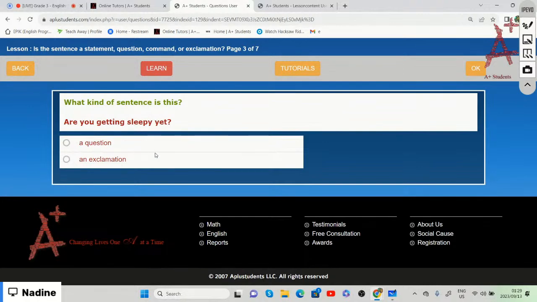Or is this an exclamation showing strong feeling? All right, so if you look at the sentence, it ends with a question mark. Remember, we said a question always ends with a question mark.